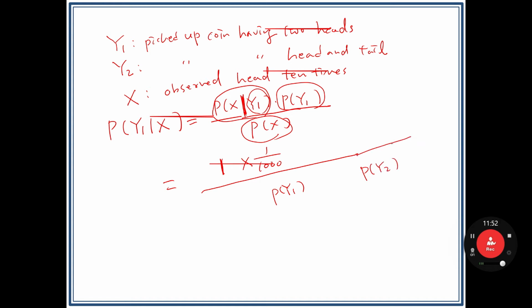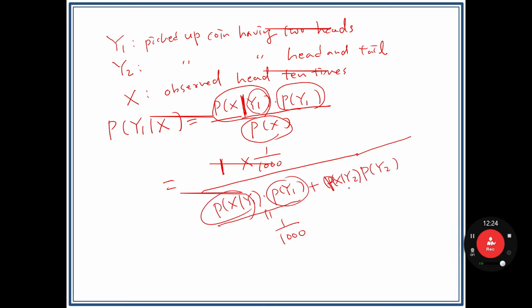We have to think about these two cases, and this conditional probability is multiplied by this one, times probability of x given y2. Okay, so actually we already found this value. Is it 1 over 10,000, right? Because this one is 1, this one is 1 over 10,000. And what about this one? What is this probability?